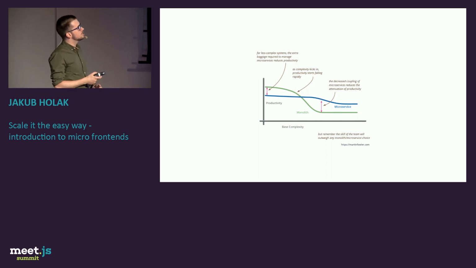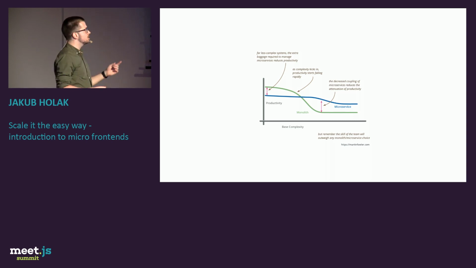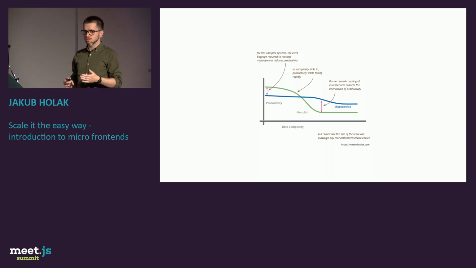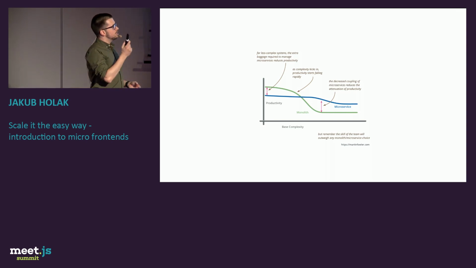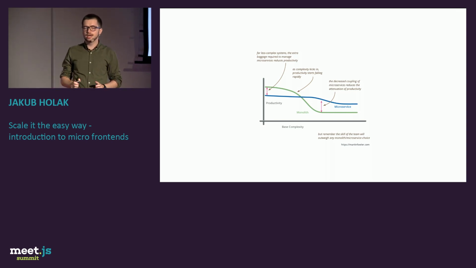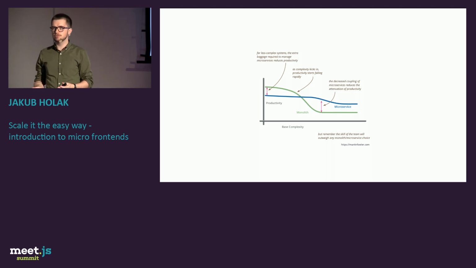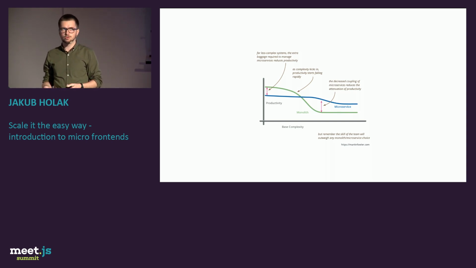This chart is actually for microservices, created by Martin Fowler, and if you want to get more information about micro frontends, this site is very helpful. So basically, at the beginning, when the complexity of your application is small, the productivity is better for monolith applications, because the architecture of microservices is more complex.